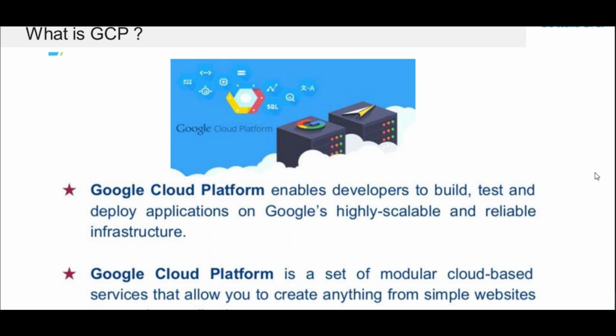In that way, they save a lot of cost: the infrastructure they have to purchase, the facility to manage that infrastructure, and the staff they have to keep to manage it. All those things are reduced with the availability of the cloud platforms.